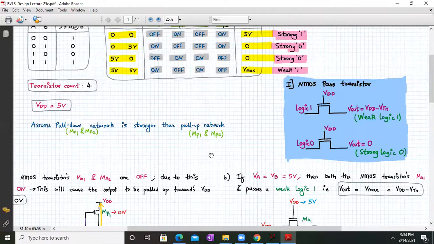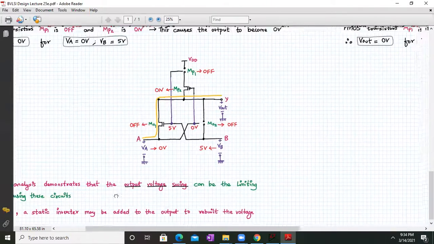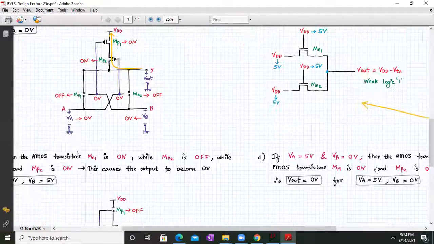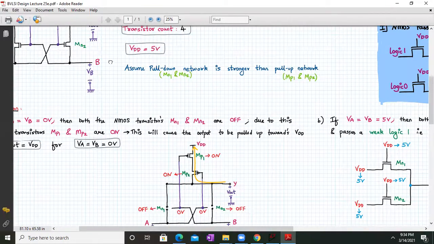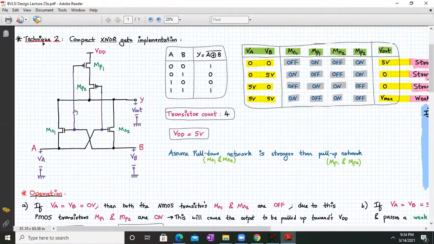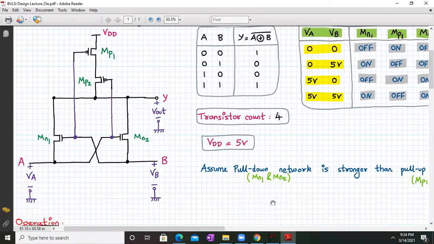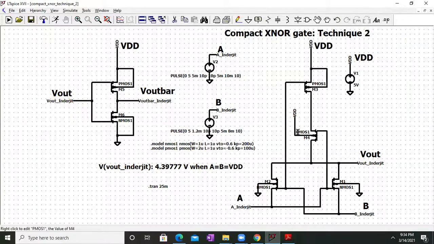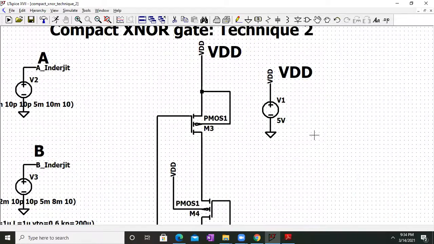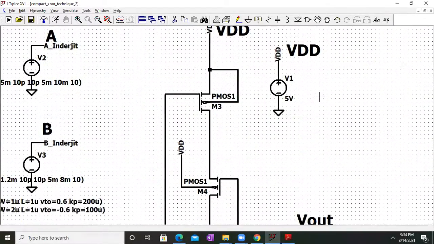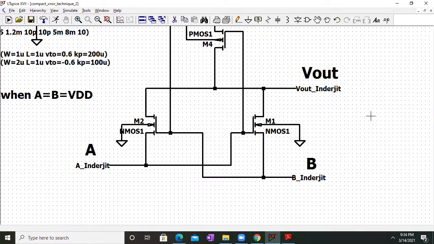Now let us just check if anything is left out from this PDF. No. Okay, so since we have checked all 4 cases, we'll go to the LT Spice schematic and we'll see the analysis in that. So this is the LT Spice version of the same. Here we have the pull-up network consisting of 2 PMOS transistors, and here we have the cross-coupled NMOS transistors.